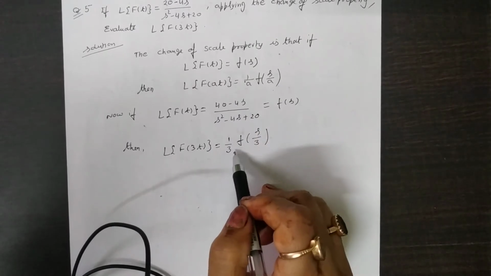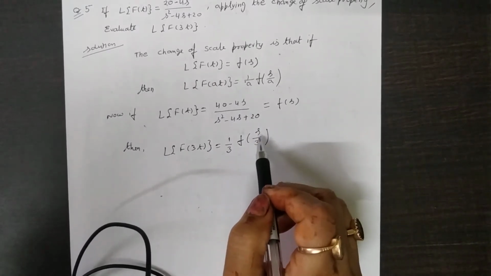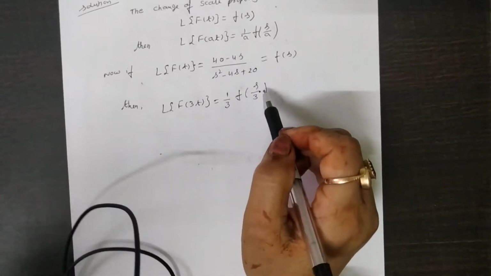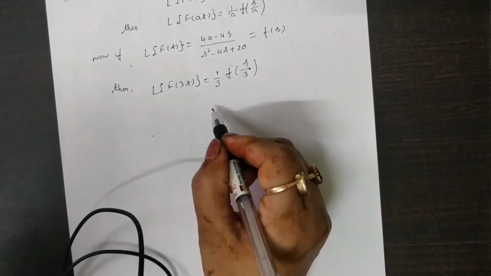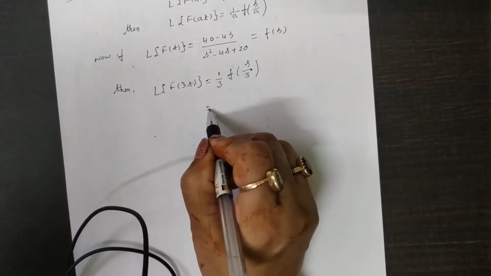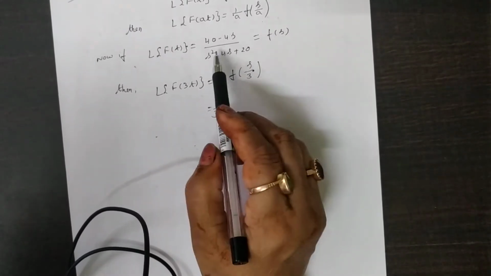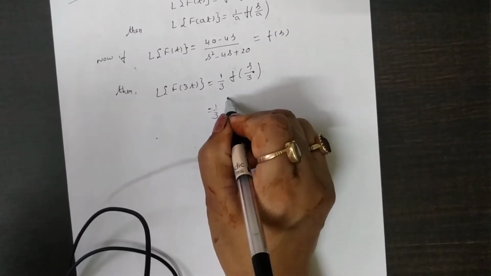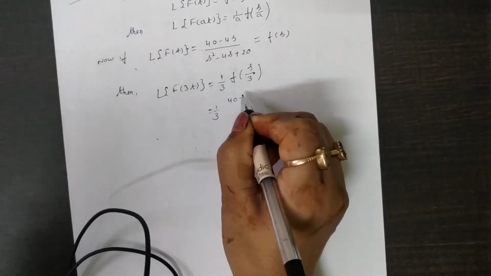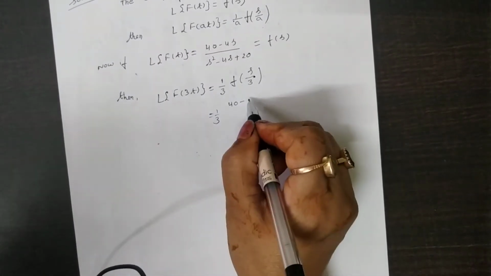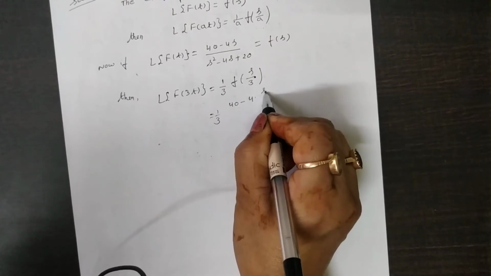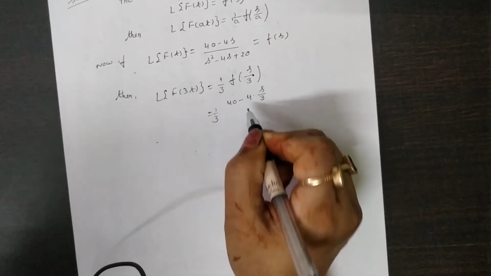So now f(s by 3) can be written as 1 by 3, and f(s by 3), where f(s) is this one, so this is 40 minus, whole thing, 4s by 3. Clear?